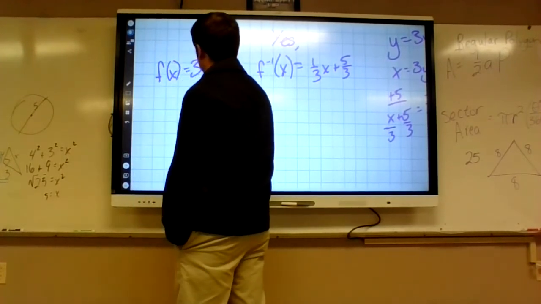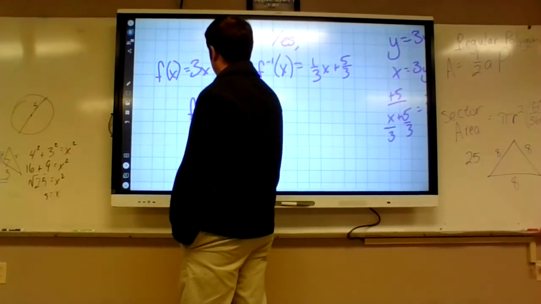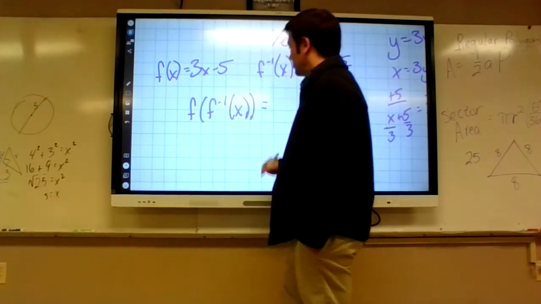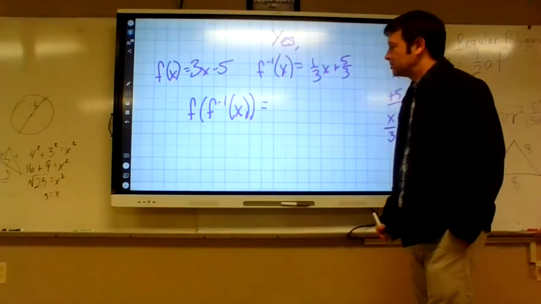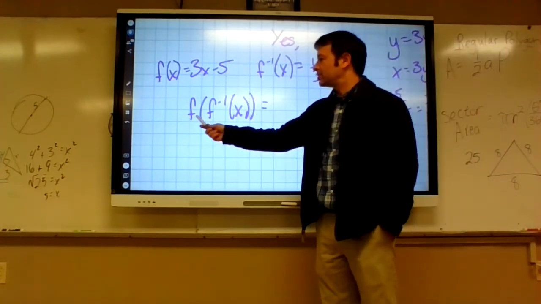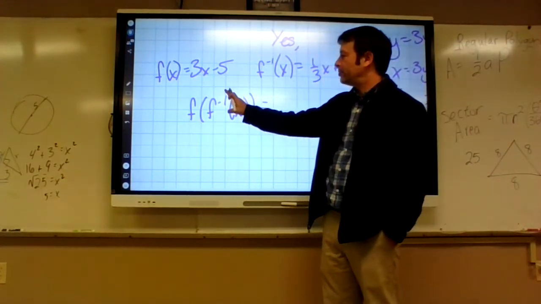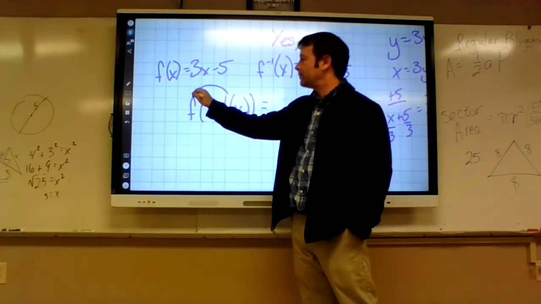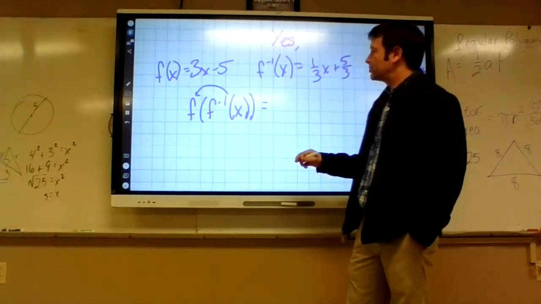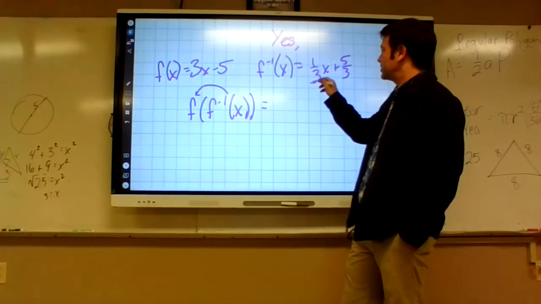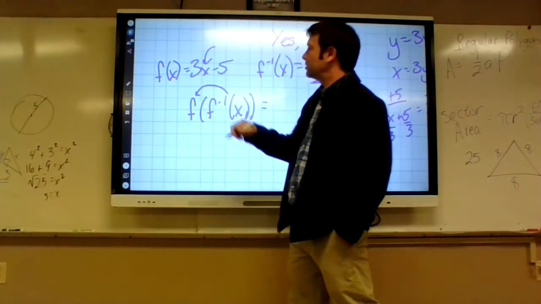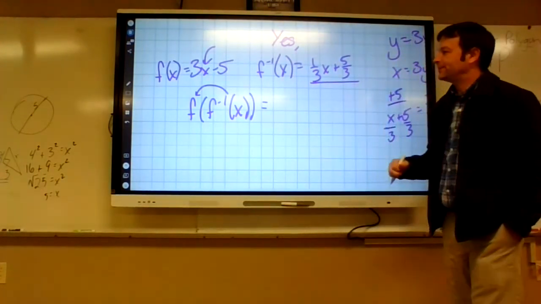So we're supposed to show that f of f inverse equals x. You remember how we did this? We're going to pick up the inverse function and put it into the f function, where the x was. So I'm going to pick this up and drop it right there.